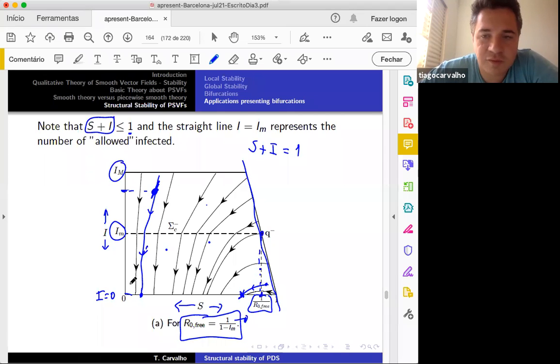So this protocol is good for this scenario.